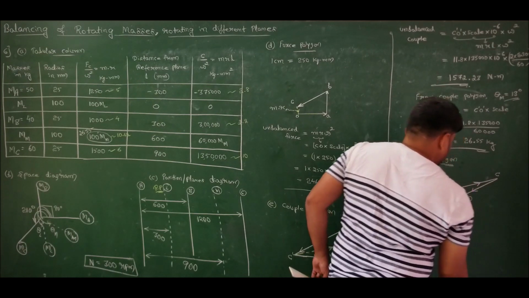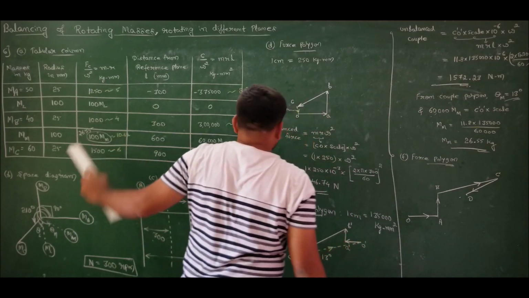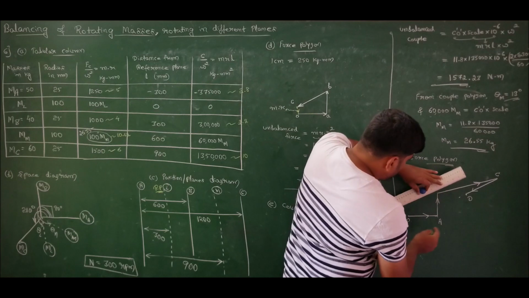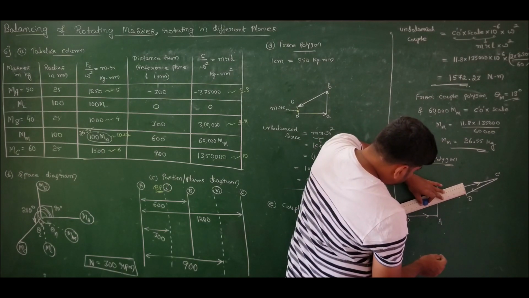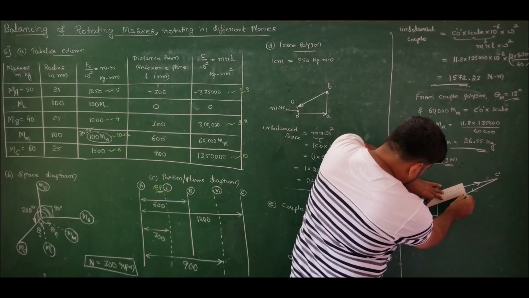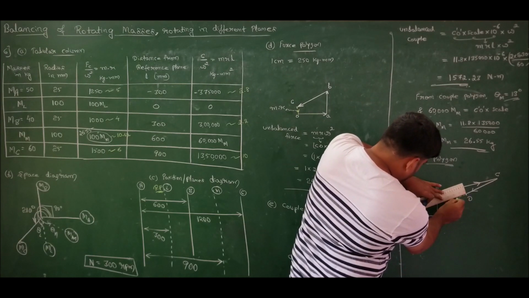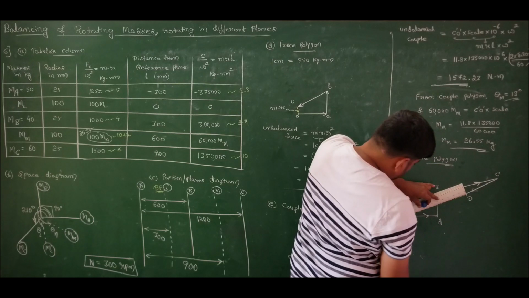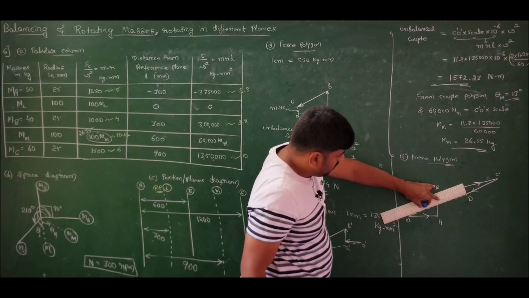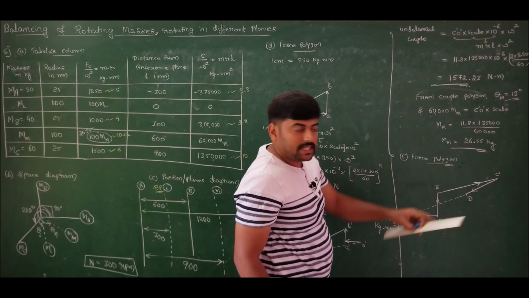Let us call it D. Now the closing side should be equal to 100 mL. That is D to O. Now if I measure, D to O is measuring 10.8 centimeters.